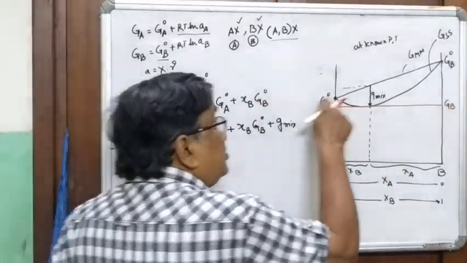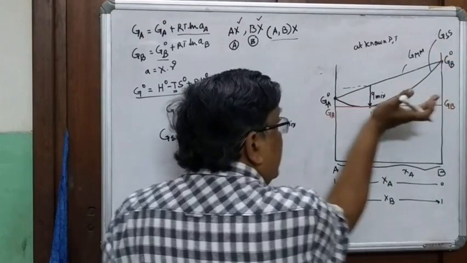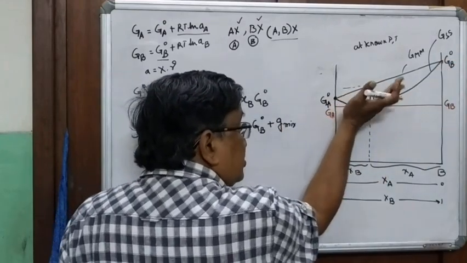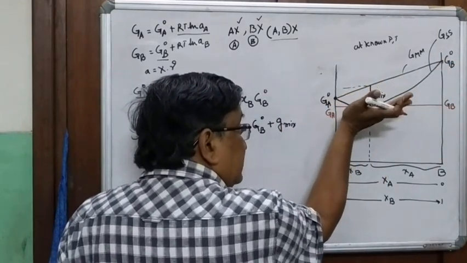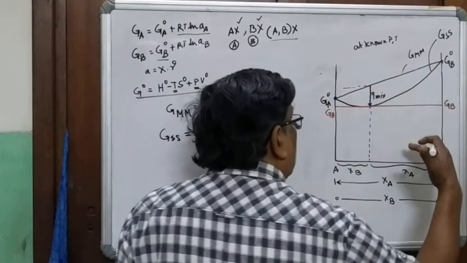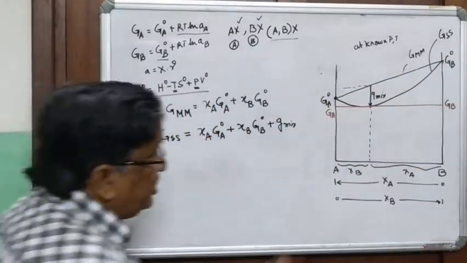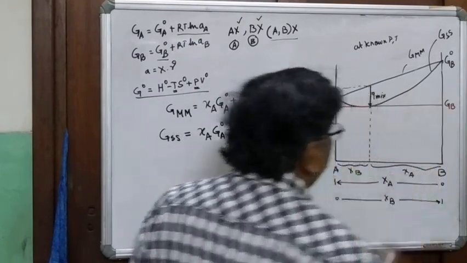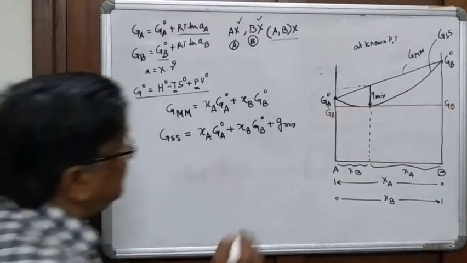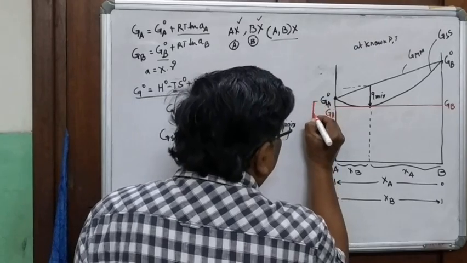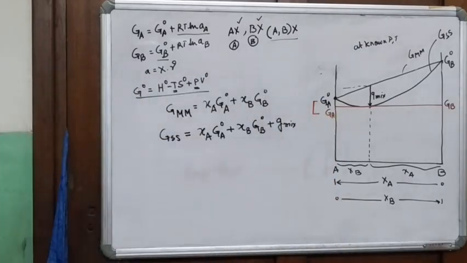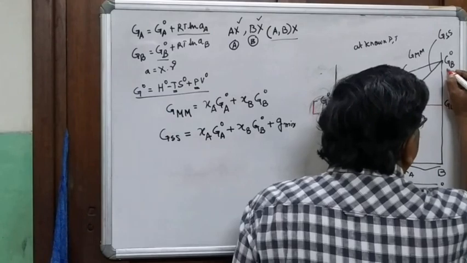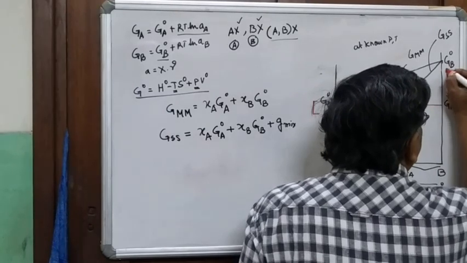But unlike GA0, which is fixed, this tangent will change its slope dramatically depending upon the point that you are taking. So now we have a situation. This is a difference and this is a difference.